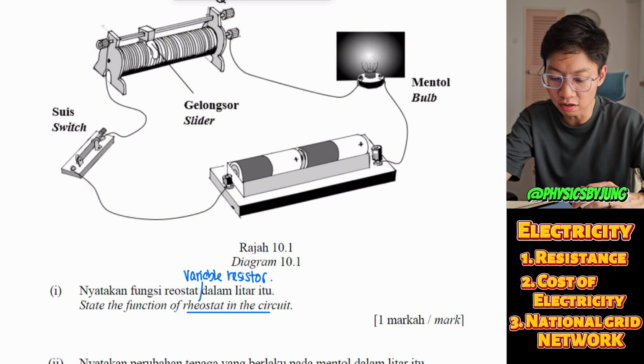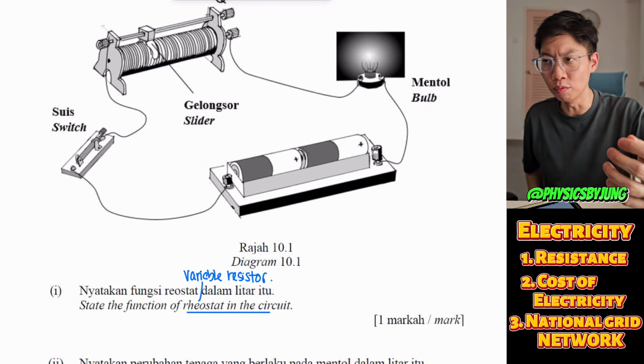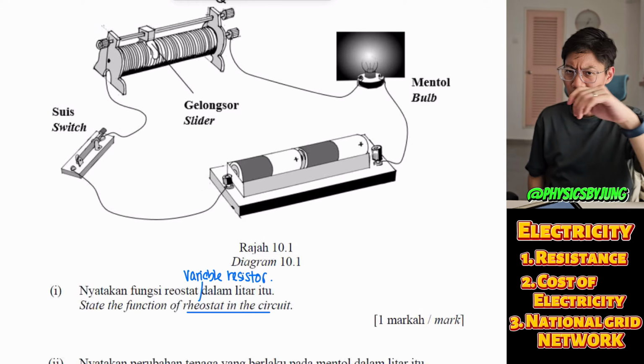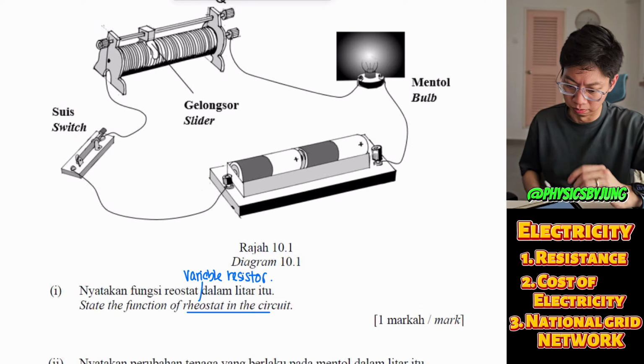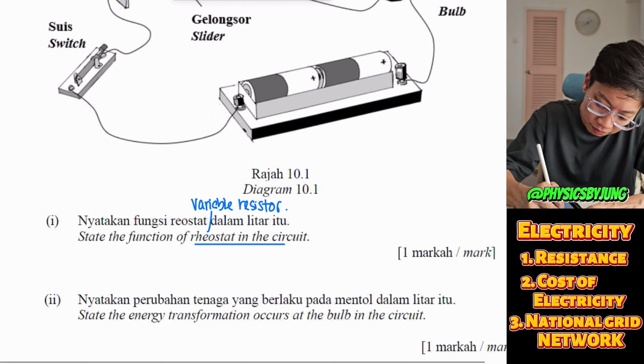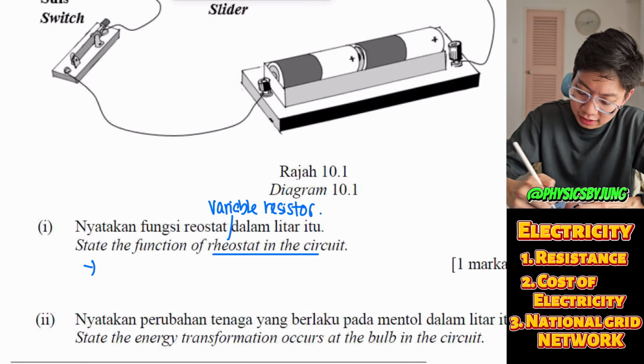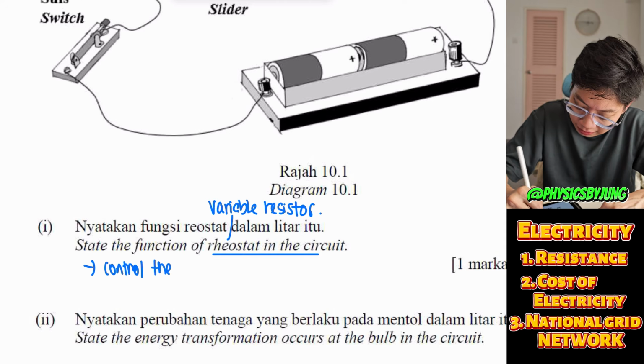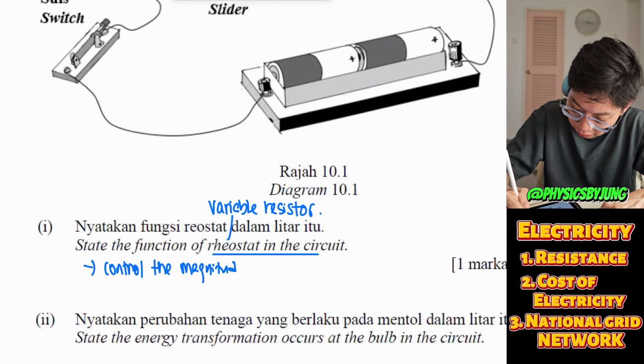So what's the function of the resistance here? Some people will just write change resistance. That's not the real function, okay? The real function of the rheostat is that it is able to control the magnitude of current.